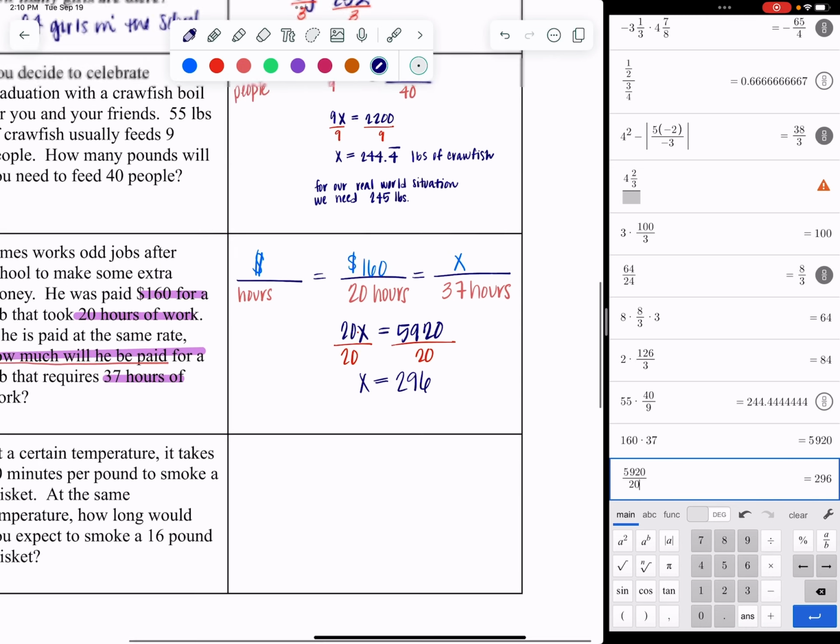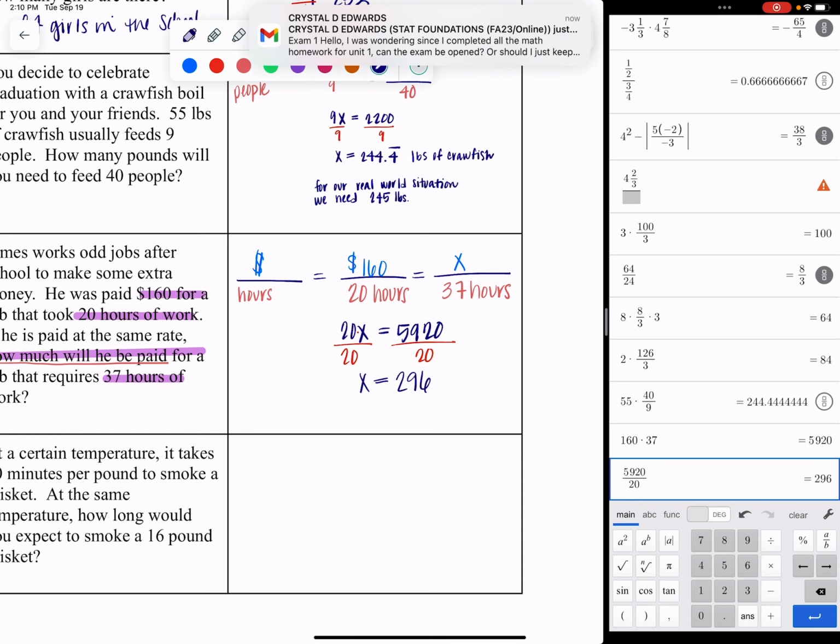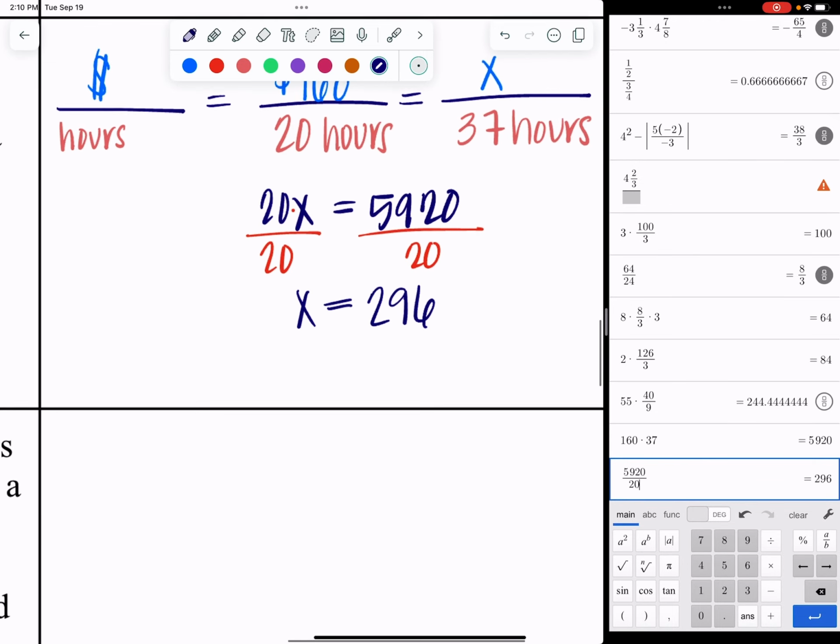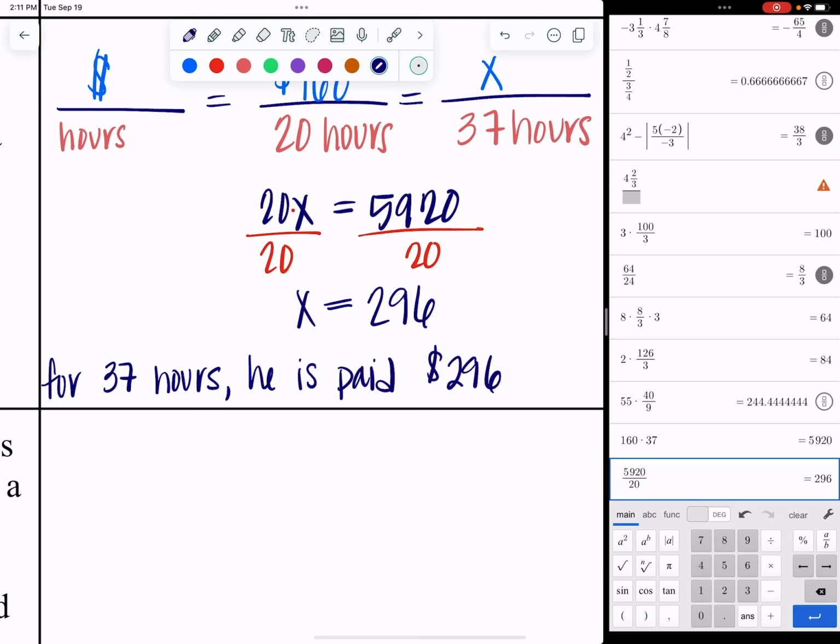But we are in a real world situation. We need to make sure that we put the appropriate units on our answer. So, for 37 hours, he is paid $296.